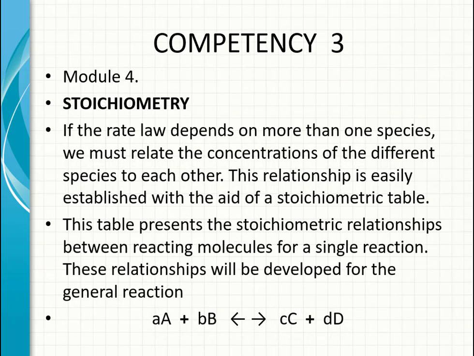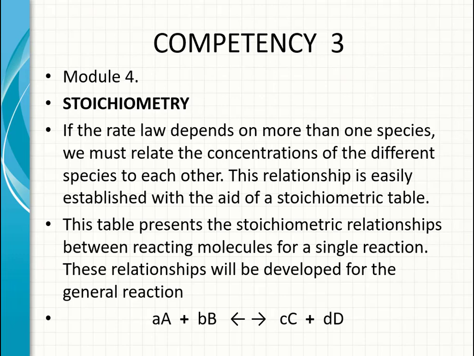Stoichiometry. If the rate law depends on more than one species, we must relate the concentration of the different species to each other. This relationship is easily established with the aid of a stoichiometric table. This table presents the stoichiometric relationships between reactant molecules for a single reaction.